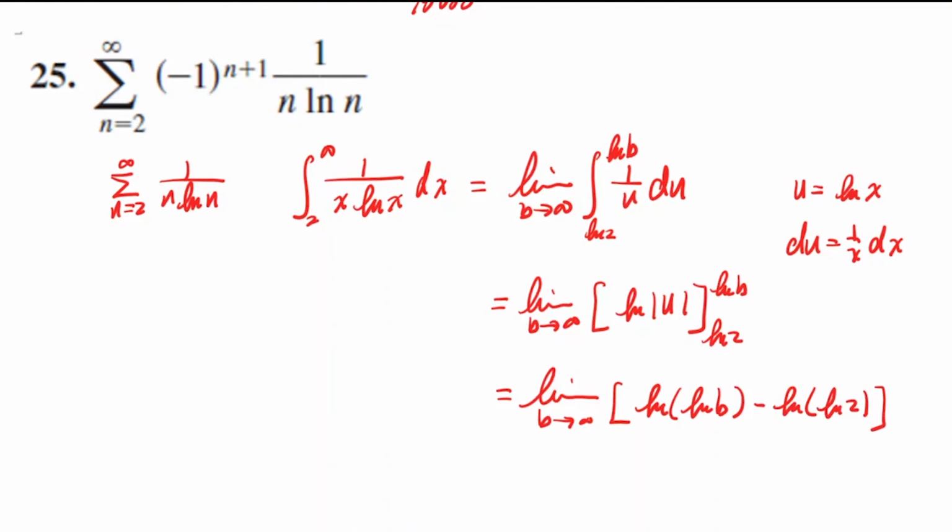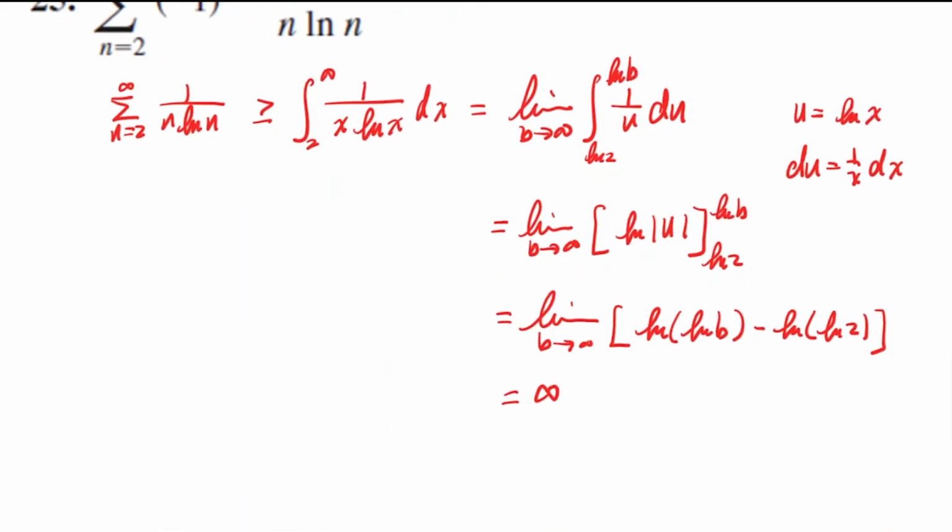Good, which becomes infinity. So I definitely want to put it that way. That means I start this series from index 2. Good. Say yes. Yeah. So this is not absolutely convergent.